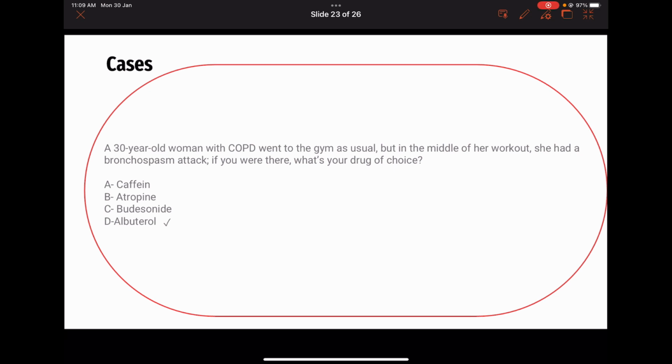Albuterol, because all the other choices are used for chronic or long-duration symptoms, but albuterol is used for acute symptoms, specifically bronchospasm attacks in the middle of a workout or any physical exercise.